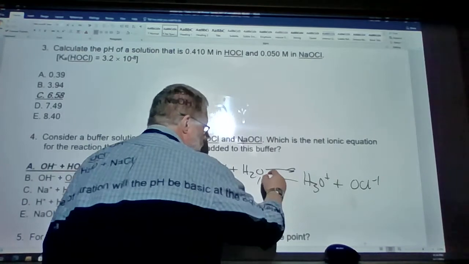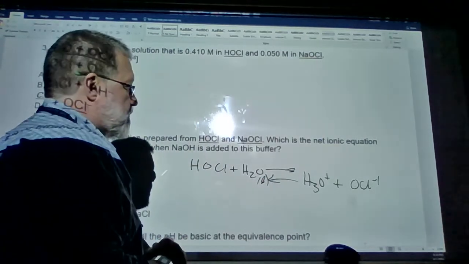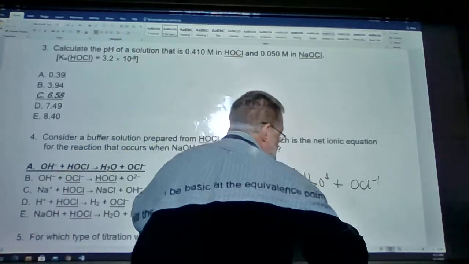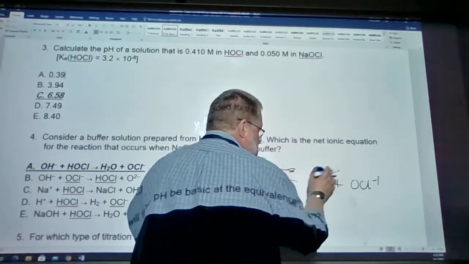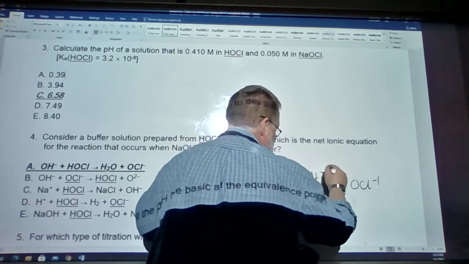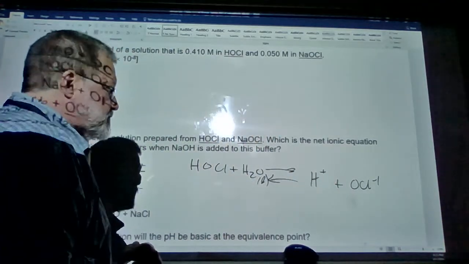Since we don't include water in the reaction scheme, it's not H3O plus we write, it is H plus.